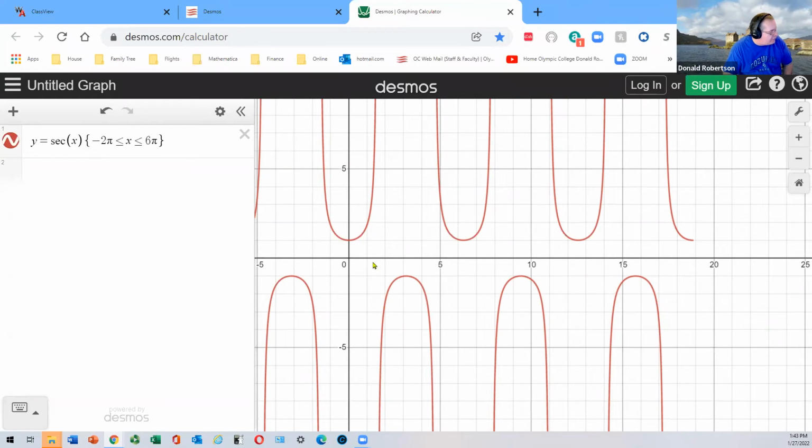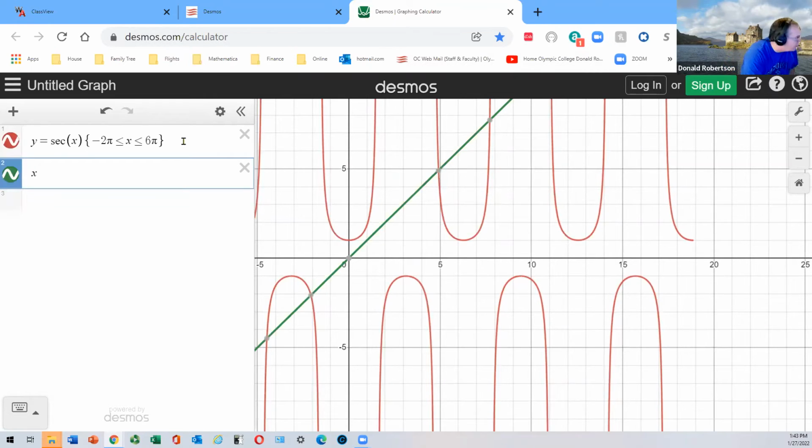There are vertical asymptotes at fixed points, at x equals this, at x equals this, and so on. Any suggestions for what value of x causes a vertical asymptote for the secant function? Where do you think the secant function has a problem?